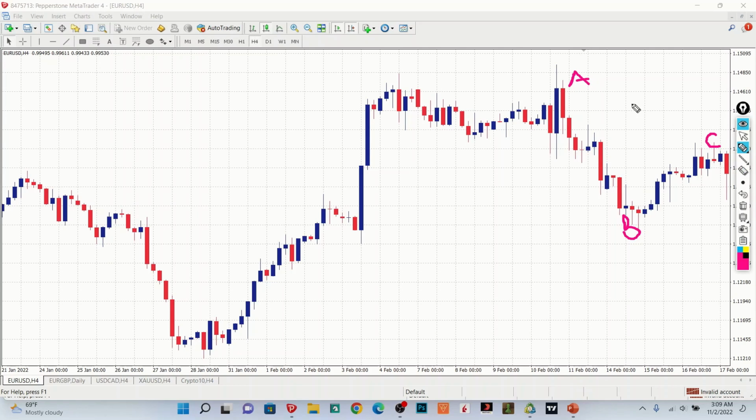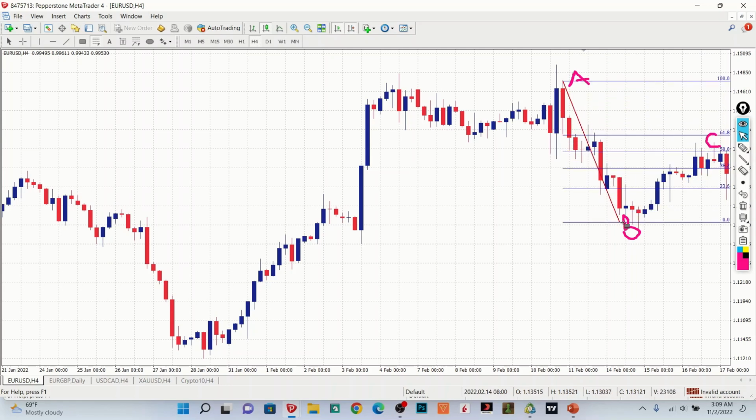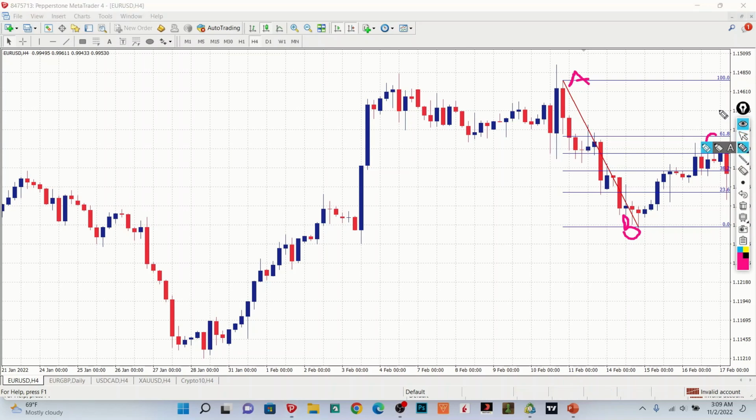So we shall pick our Fibonacci tool from right there to this swing low. So we can see that this was a 50.0 Fibonacci retracement level.